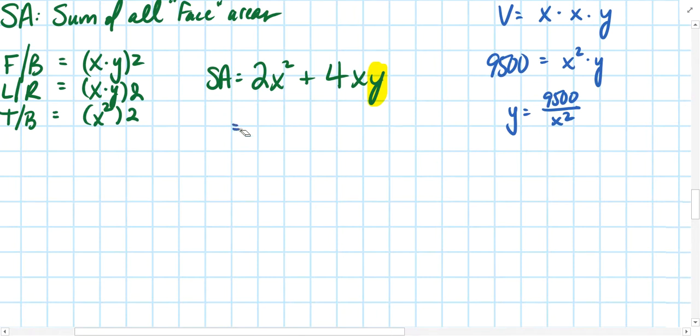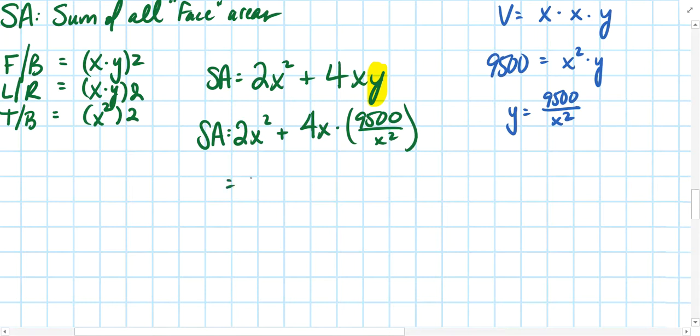So now our surface area is equal to 2x squared plus 4x times 9,500 over x squared, which is 2x squared plus, and we can simplify the 4 times 9,500 as 38,000. x over x squared simplifies to 1 over x, so we get 38,000 over x.